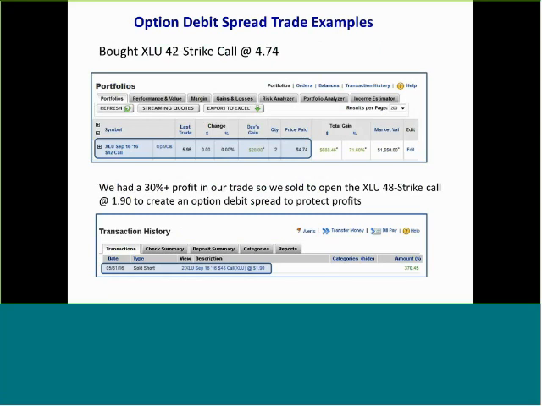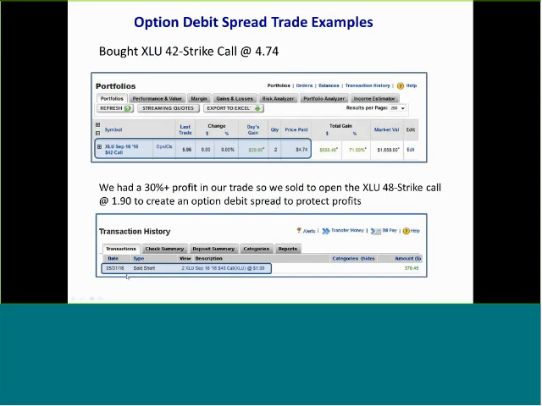We bought the XLU 42 strike call at 474. So this shows we own the September 42 strike call at 474. So we had a profit in that, and then at a later date, we sold the XLU 48 strike call at 190 to create an option debit spread to protect the profits.